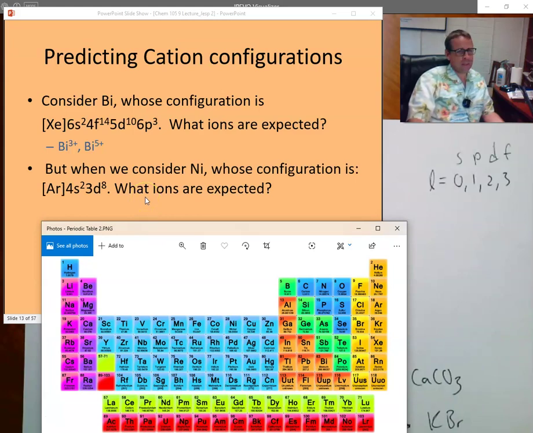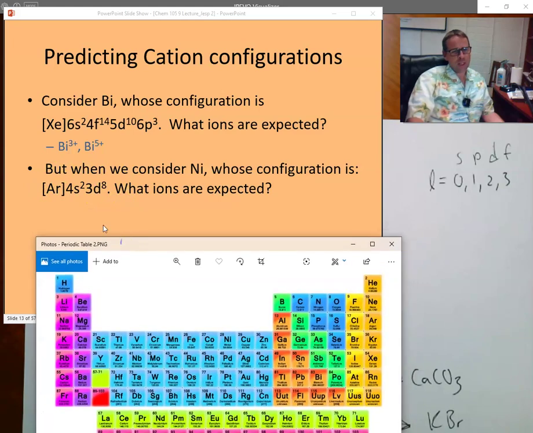Where are we at? Nikki. If we look at nickel, here's its electron configuration. What do we predict would be a feasible ion that this atom, nickel, would form? Any ideas, Nikki?